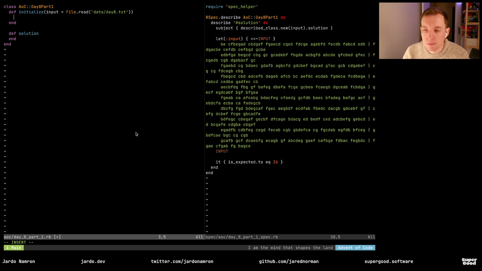So the outputs is the input, split into lines first. Then map that to the last, because that'll be pretty much 2-element arrays. We just want the last ones, and then we'll map those through.